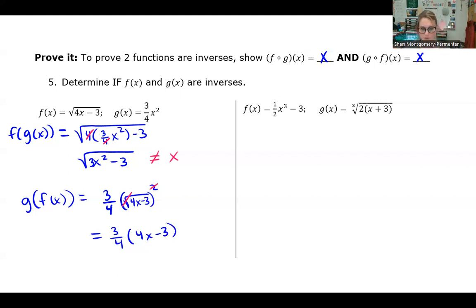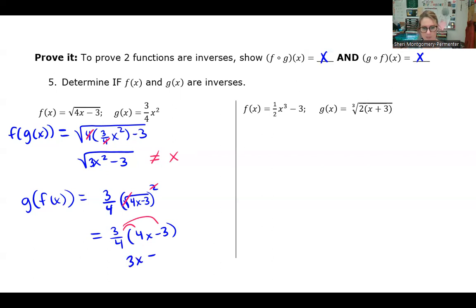If I distributed this in, I'm going to multiply by 4 and divide by 4, so that 4 will definitely reduce.